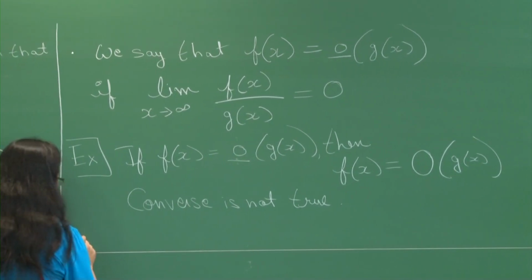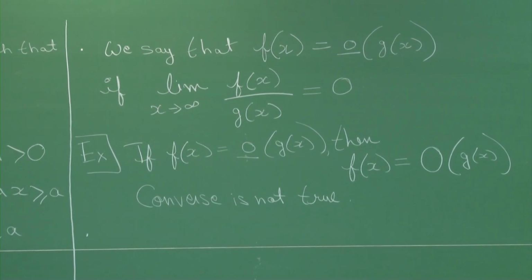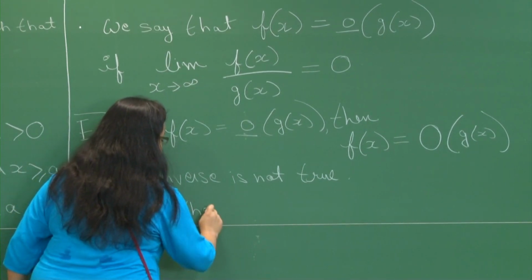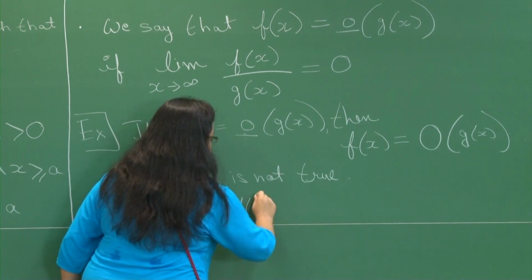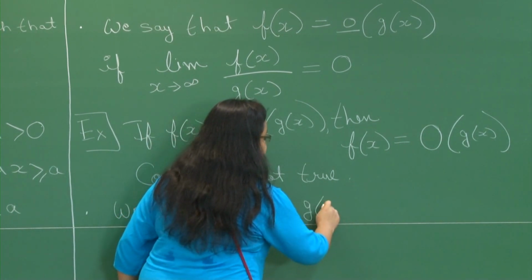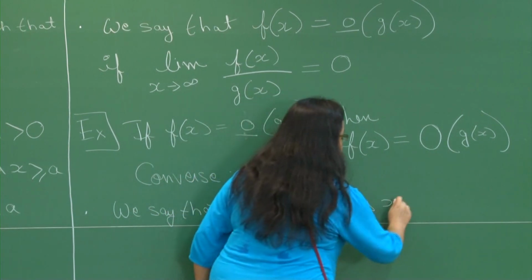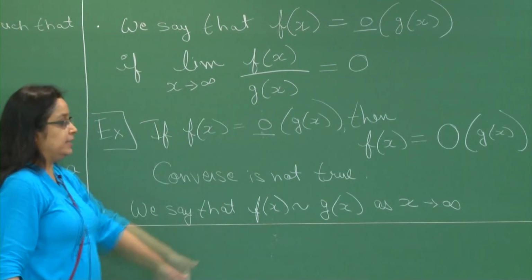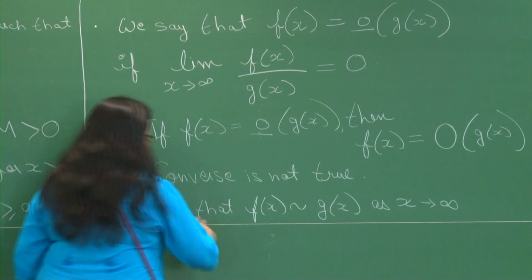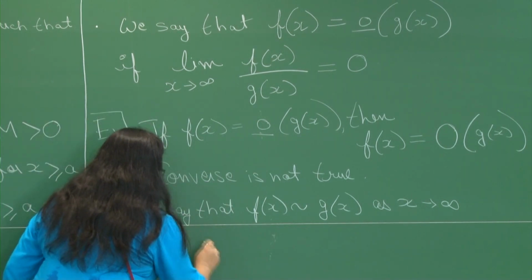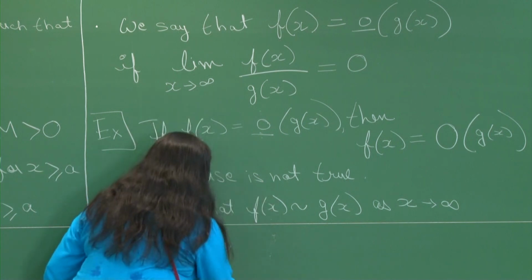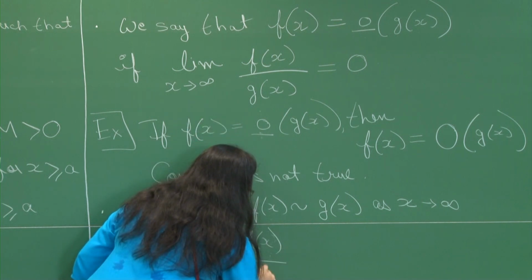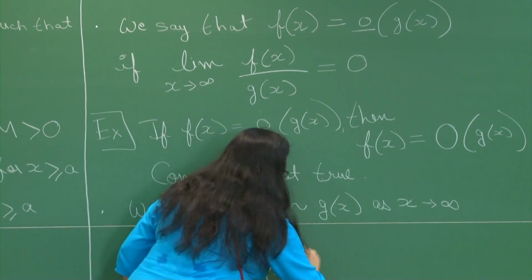Now, one other notion is that of asymptotic. So, we say that f of x is asymptotic to g of x as x goes to infinity if, in the asymptotic limit as x goes to infinity, the ratio f of x over g of x is equal to 1.